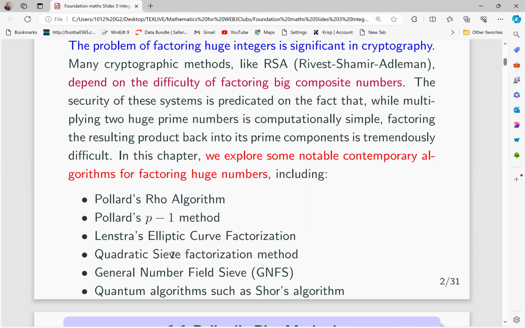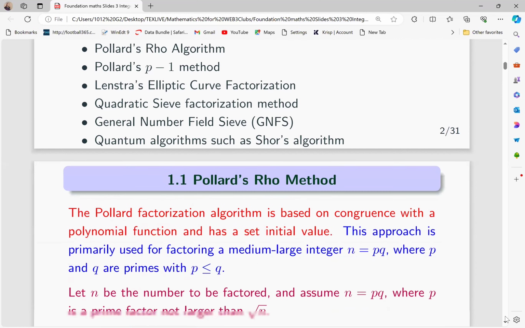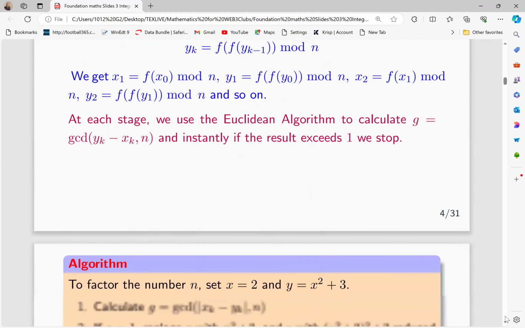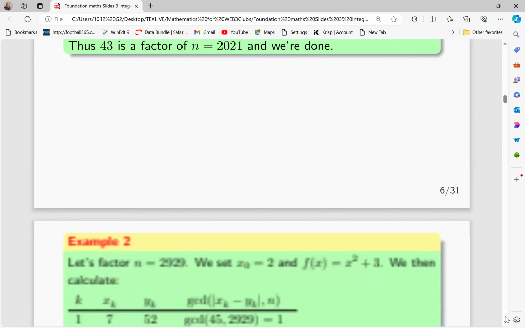Then there is also the quadratic sieve factorization. There is one that I had not included here, but it is the one I'm going to look at, the one that uses perfect squares. So it's the one I'm going to look at today.